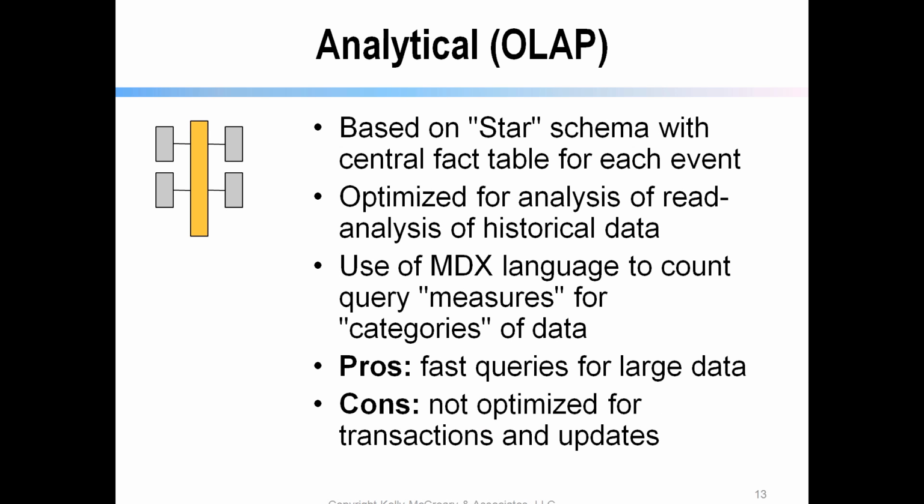Kind of related to the relational pattern are what we call the analytical or OLAP patterns. These are all based on something called a star schema. A central fact table, the central part of the star, is a long table that has one row for every transaction, and then around the edge of the star you have dimensions for time or product or location in retail sales, for example. What's important about this is they're highly optimized for analytical systems and for doing pre-aggregated, pre-calculated queries very quickly.